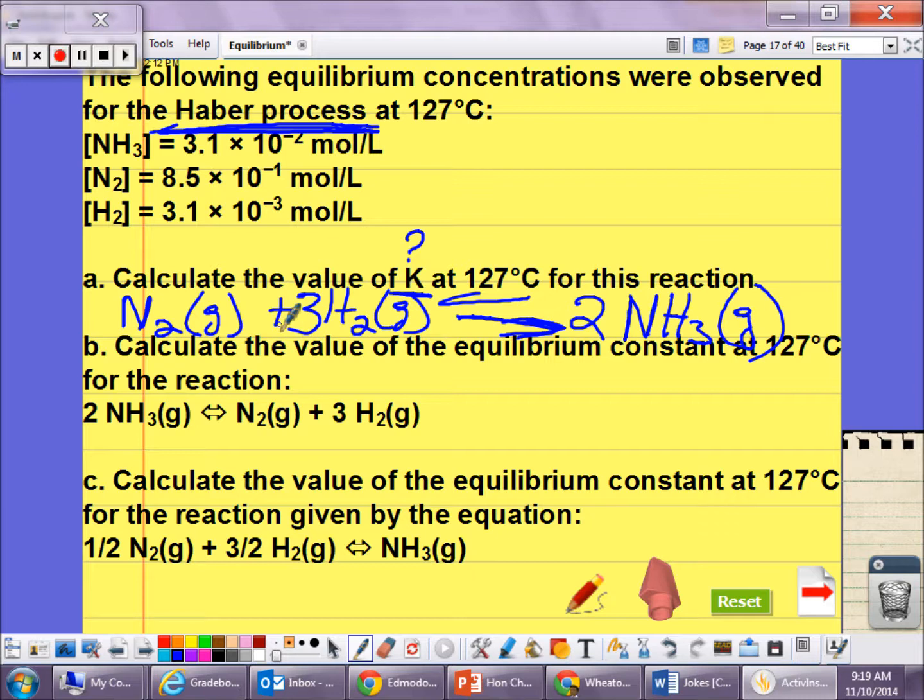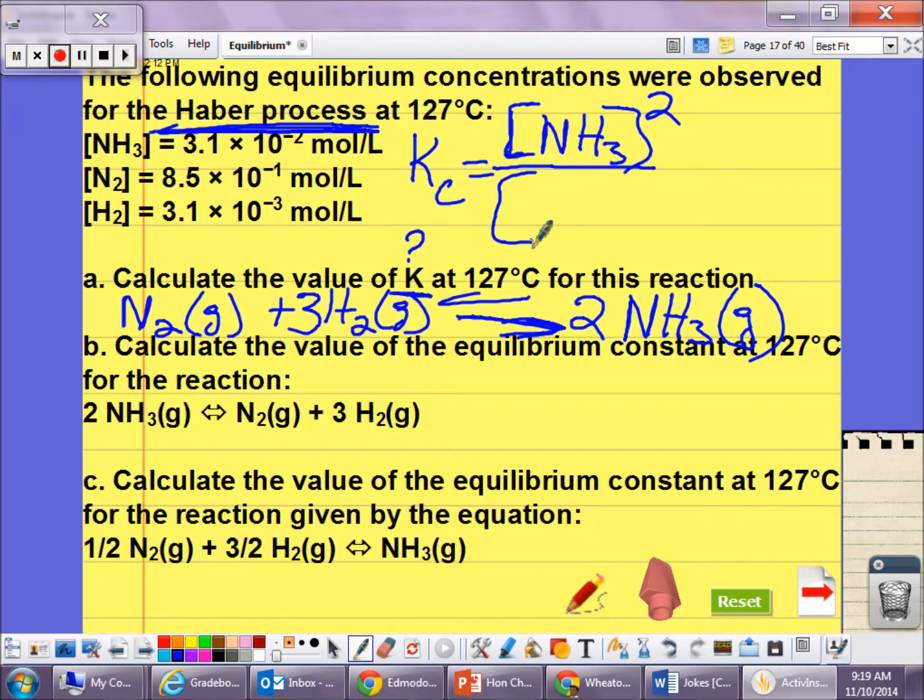They ask me for K, so I write down K, or I can write down Kc. Remember last time I told you, you should always write the expression, because you have a full point for just writing the expression before you plug any number. And then we said last time, make sure you use square bracket, because it means concentration.